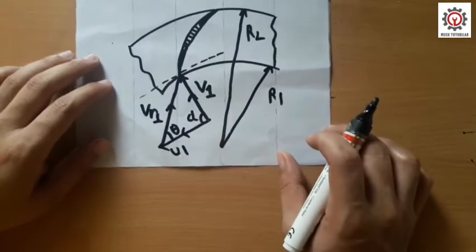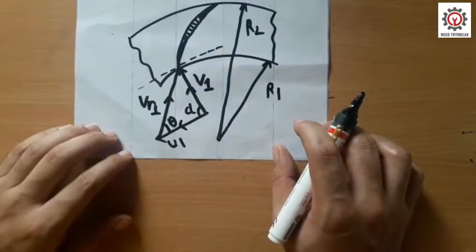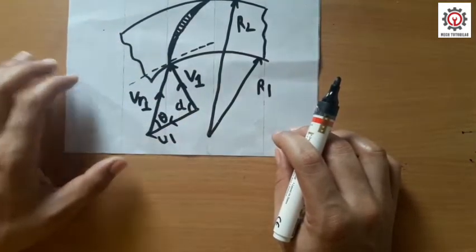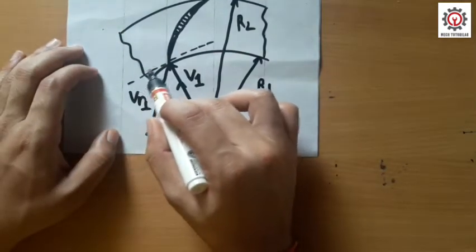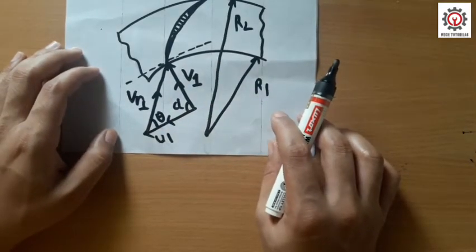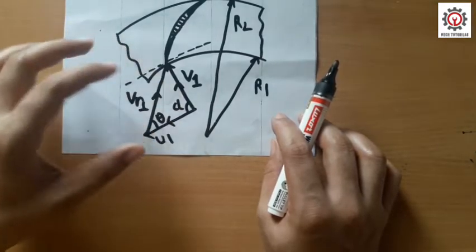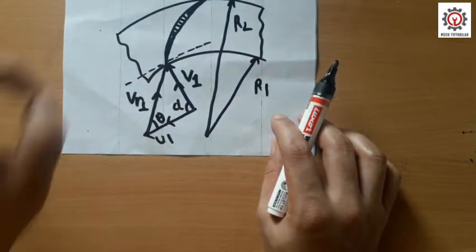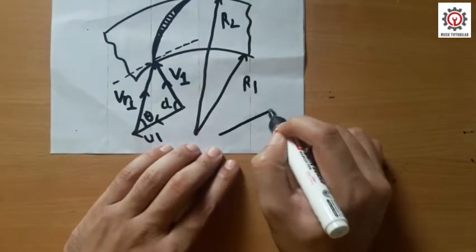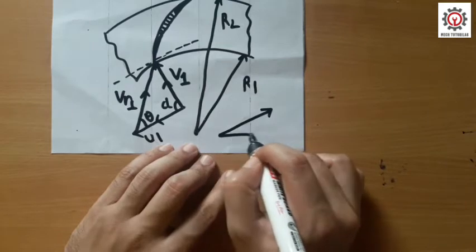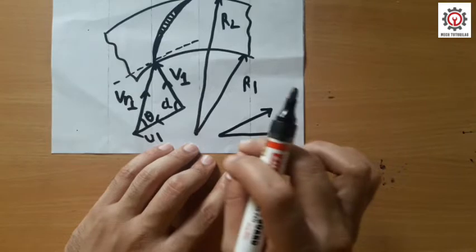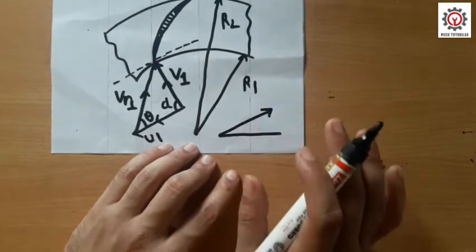Before moving further, I want to tell you that this water strikes with velocity v1 at inlet, making an angle of 90 degrees with this tangent at the inlet of the curved vane. So this is not any angle, but exactly a 90 degree angle. Suppose it were striking at an angle theta, we don't know whether 90 degrees or 45 degrees; this angle would be anything other than 90 degrees.